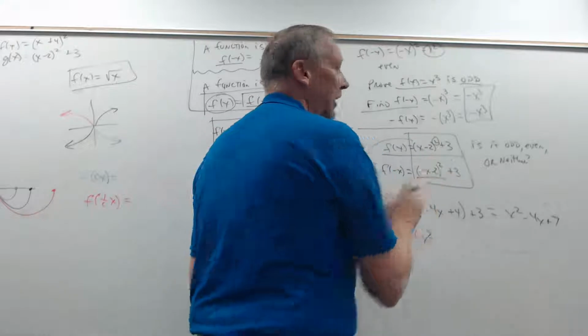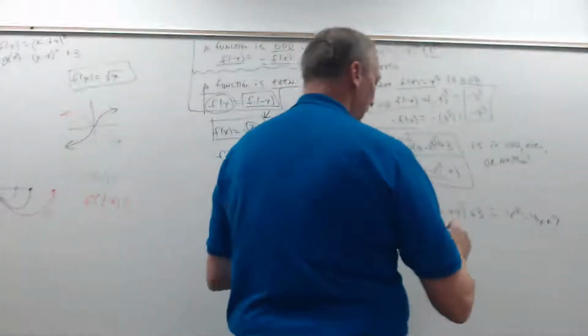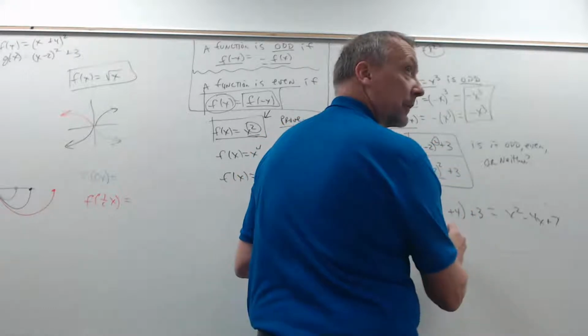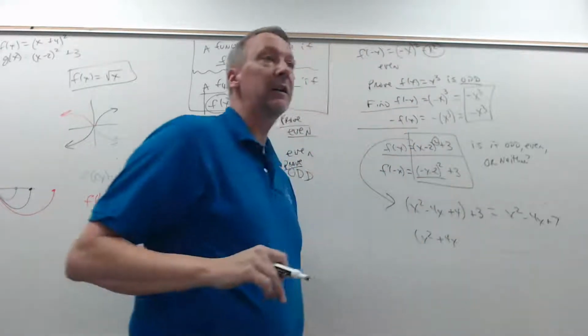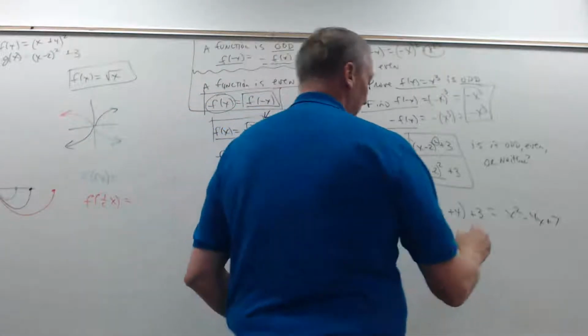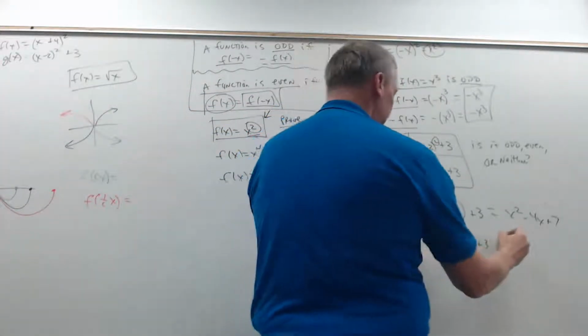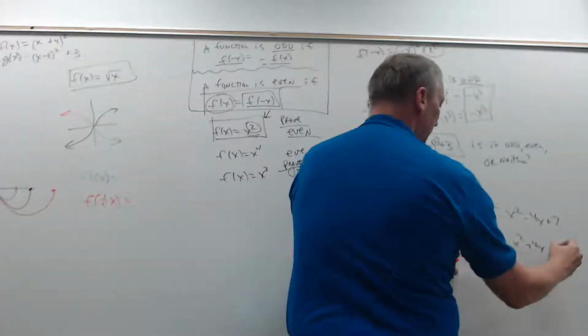Negative x times negative 2 is positive 2x, double that, positive 4x. Negative 2 squared is positive 4. Plus 4, plus 3. So when I simplify this, this becomes x squared plus 4x plus 7, right?